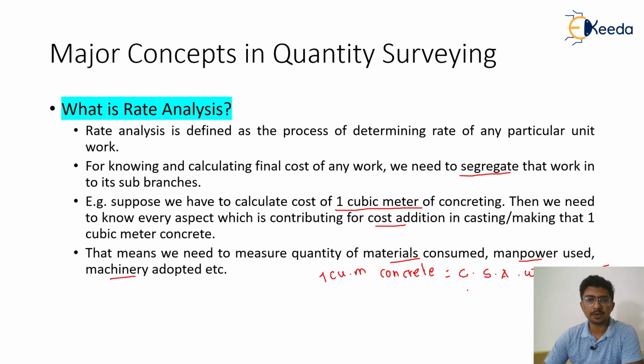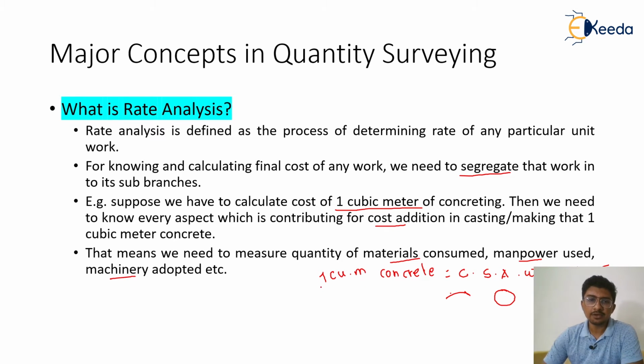Then what is the manpower, how much labor I needed to lift that concrete from one place to another, to mix that concrete, to place that concrete at the place where we are fixing it. And the machinery adopted: what type of mixer we have used, any on-site mixer, or if we are purchasing ready mix concrete, then what is the ready mix concrete, the machinery adopted, its costing and everything.